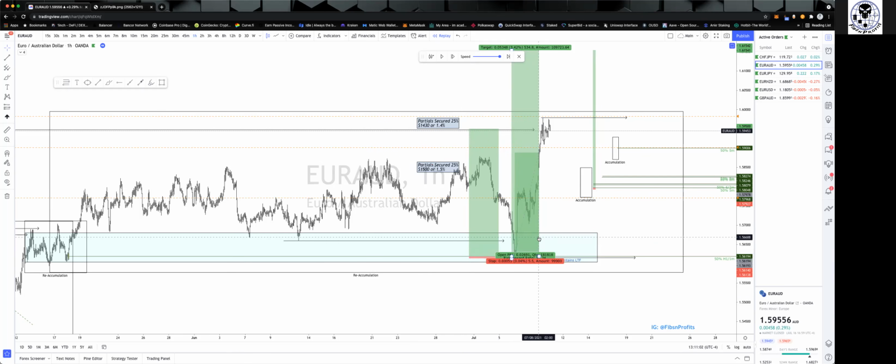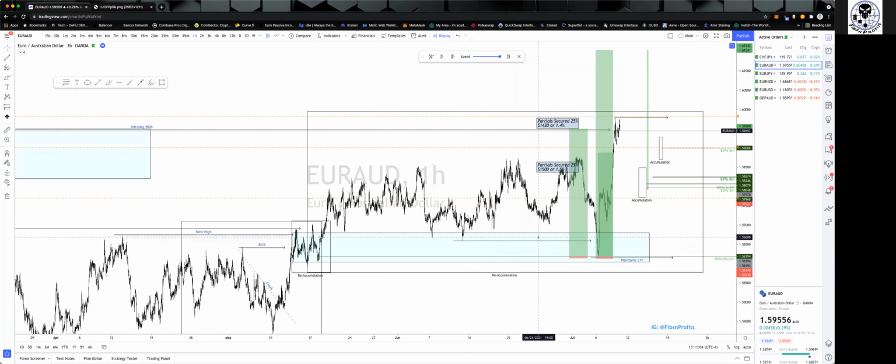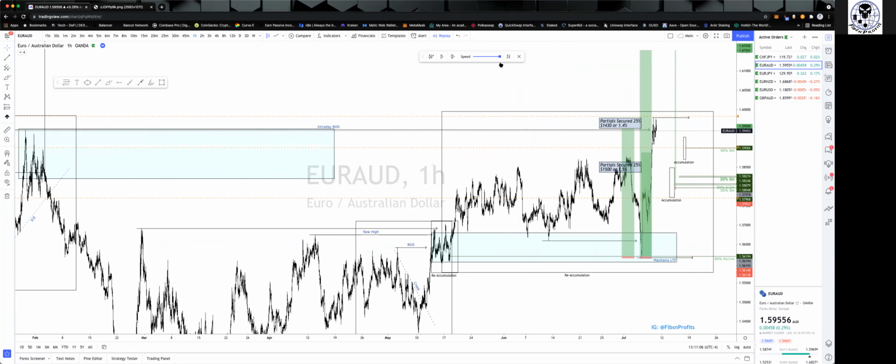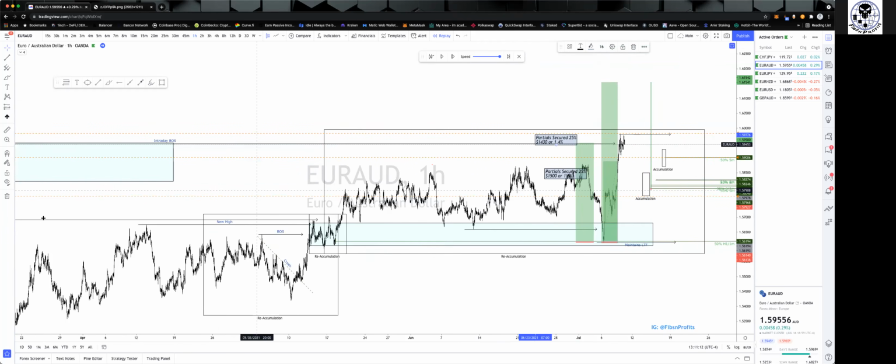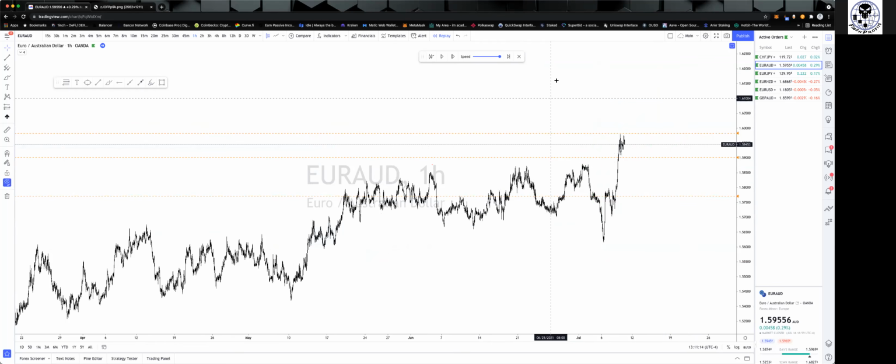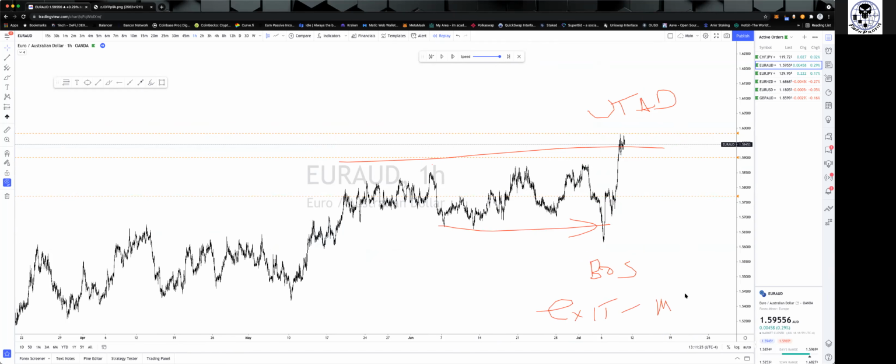Okay. And then from there, the key thing that I wanted to look at, and this is something you really want to pay attention to, is when we created this, why wouldn't I look at this as a UTAD, right? Well, one, we broke structure and we exited the trading range, confirming a major sign of weakness.